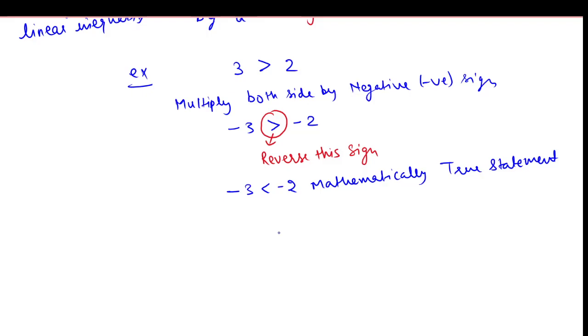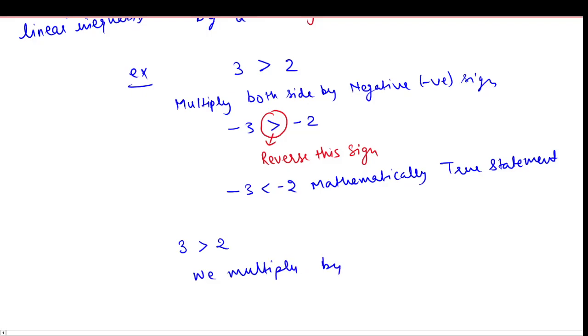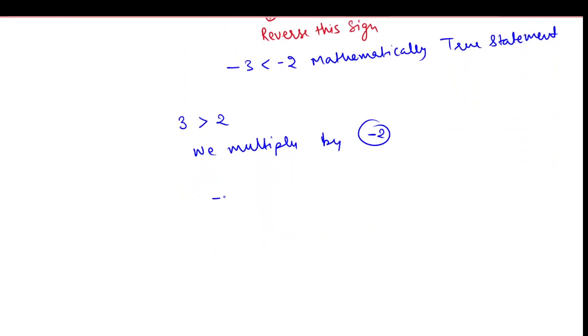We can also multiply the inequality by a negative number. Suppose 3 is greater than 2 and we multiply by negative 2. So minus 2 into 3 is greater than minus 2 into 2, so minus 6 is greater than minus 4.